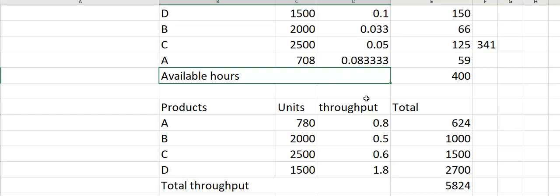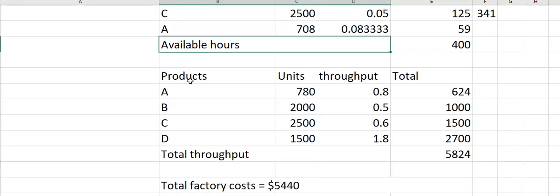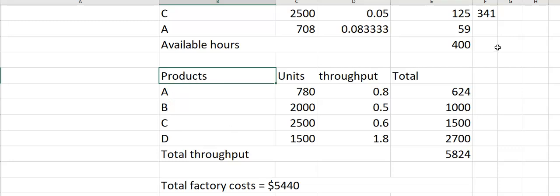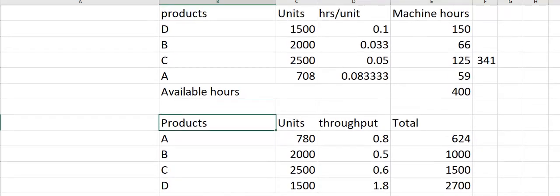To calculate the throughput accounting ratio, first of all, let's find the total throughput. So how do we get the total throughput? You put down your products A, B, C, and D, and list the production requirements above, which was 708 for A, 2,000 for B, 2,500 for C, and 1,500 for D. Then you put throughput. Remember the throughput that we calculated above.